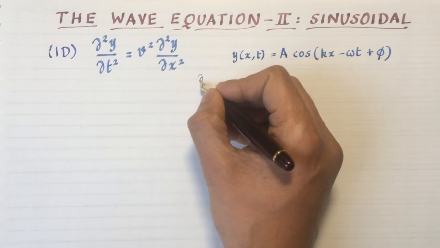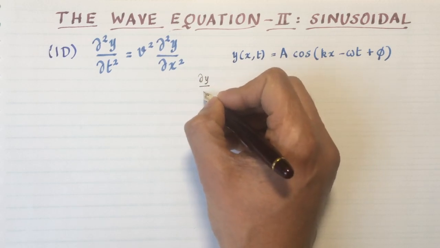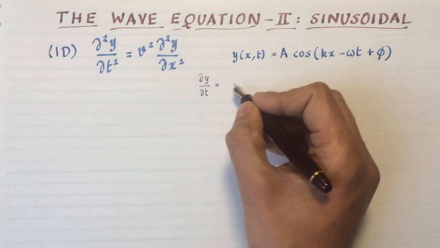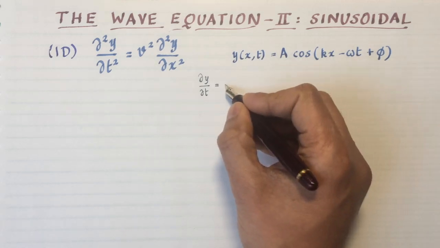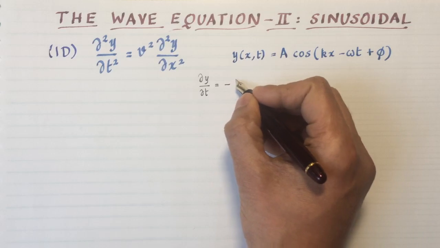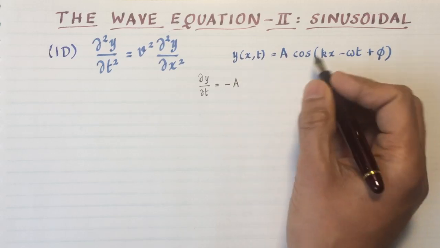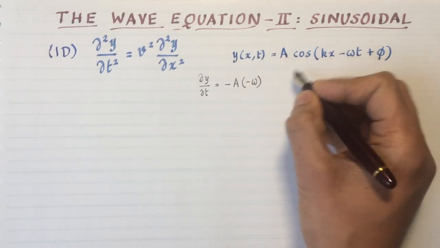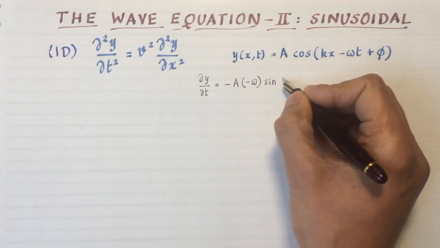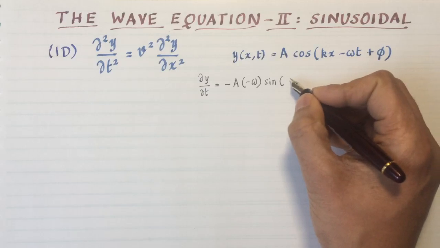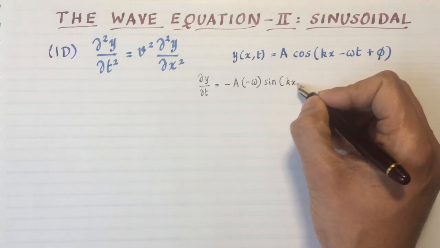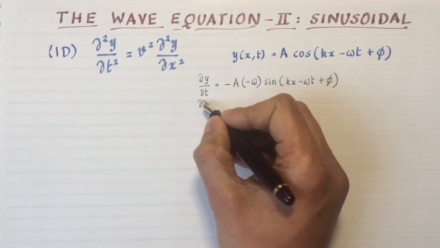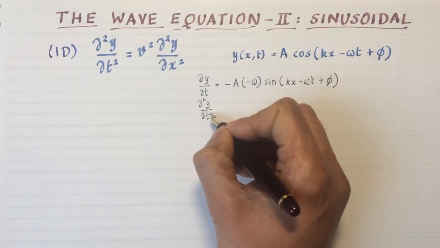So if I take del y by del t, I'm differentiating with respect to time. So I'll get, first of all, cosine becomes negative sine, so negative A. And then when I differentiate with respect to time, I'll get a negative omega outside times sine of the same kx minus omega t plus phi. Let me differentiate it once more. Del 2y over del t squared.